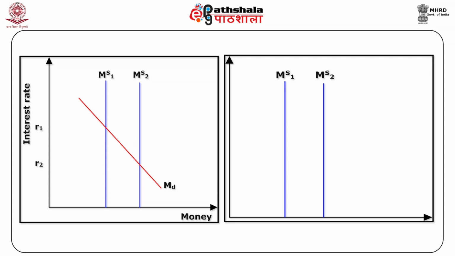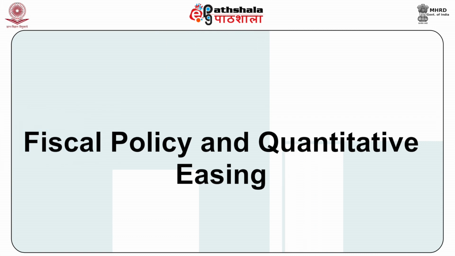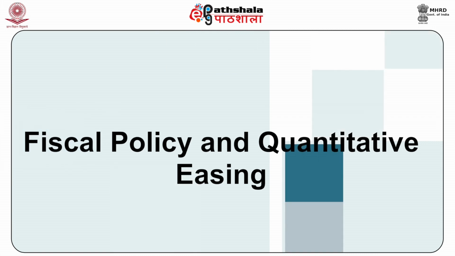Interest rates do not fall further as they are already zero, as shown diagrammatically in the figure. This was the situation in the US during the financial crisis. The interest rate on treasury bills was zero and the US economy was in a liquidity trap. In this case, conventional monetary policy was completely ineffective in reviving aggregate demand and output. So then the US thought of fiscal policy and quantitative easing.